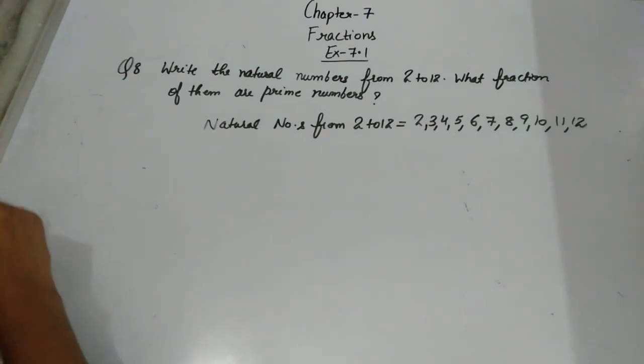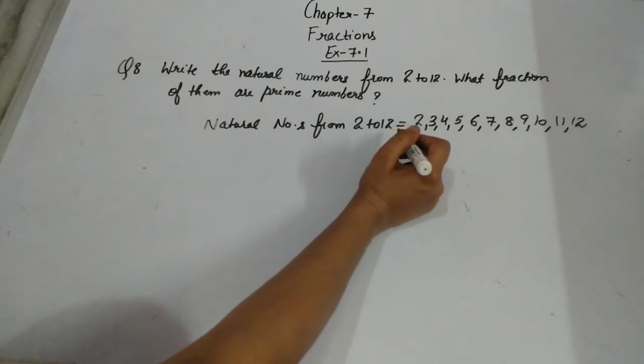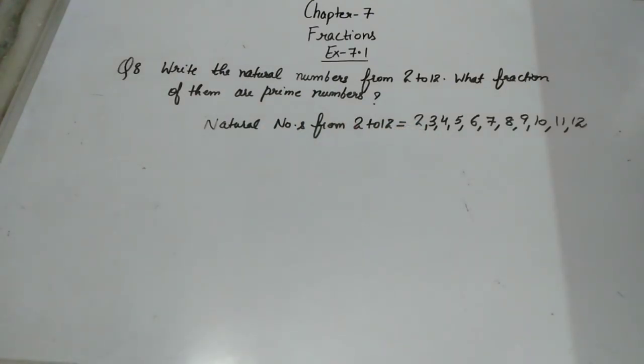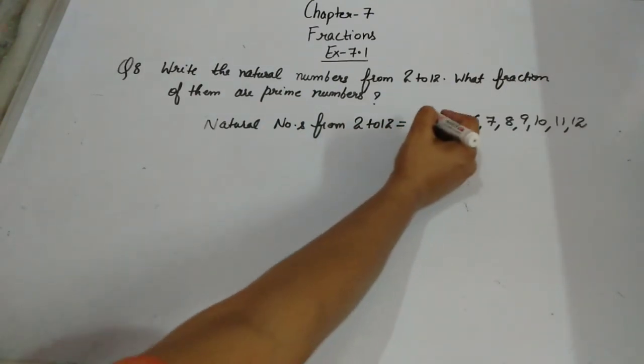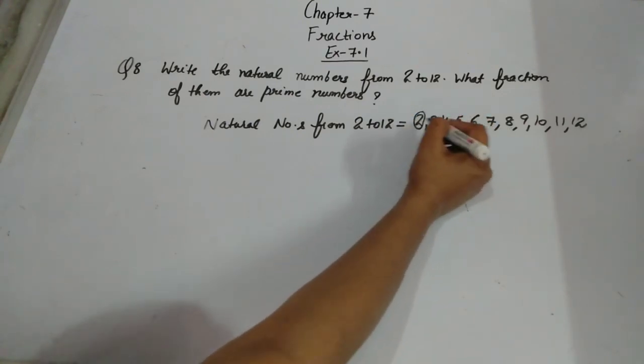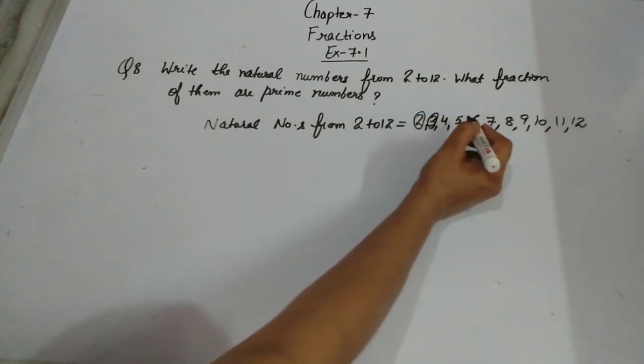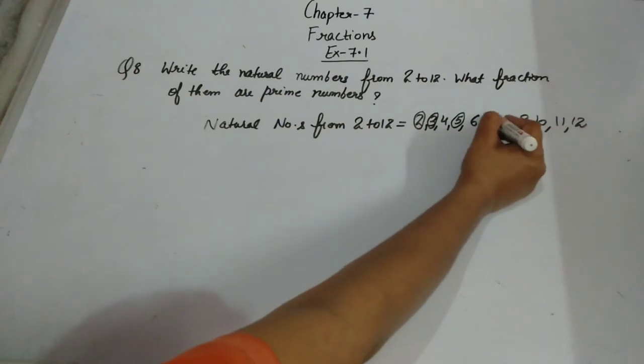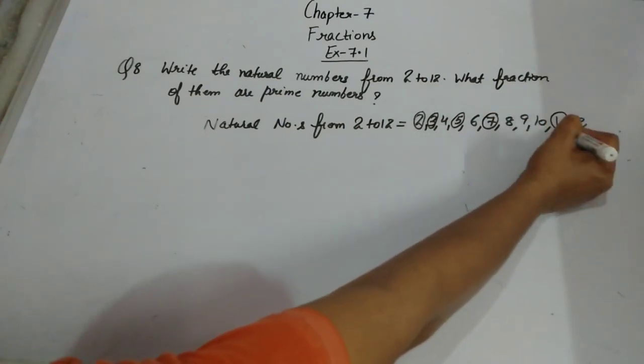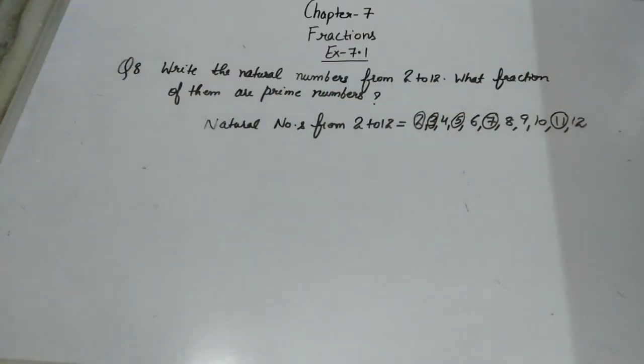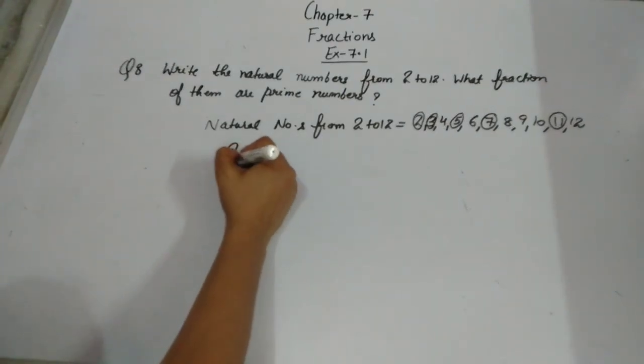So let us find out the prime numbers. What are prime numbers? Those having only 2 factors, 1 and the number itself. So 2 is a prime number, an even prime number, 3 is a prime number, 5 is a prime number, 7 is a prime number, and 11 is a prime number. So how many prime numbers are there?